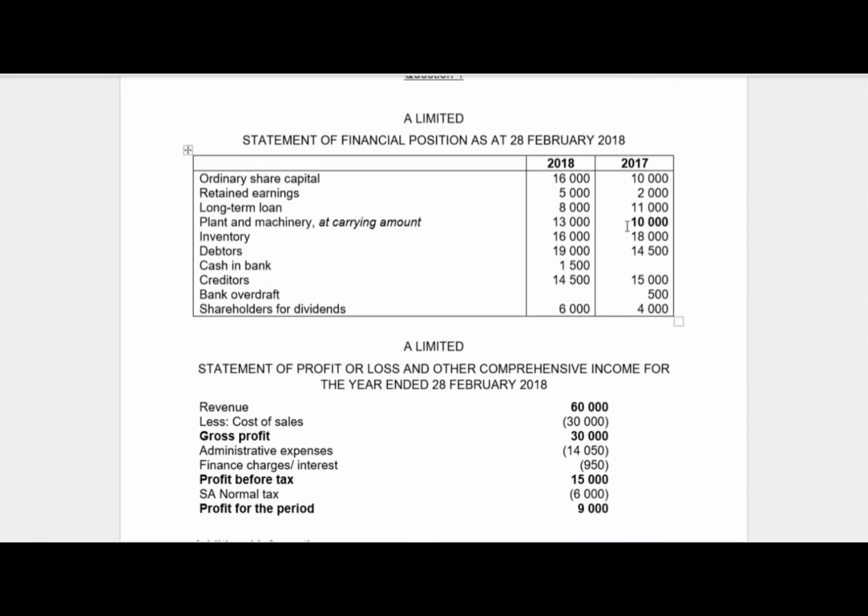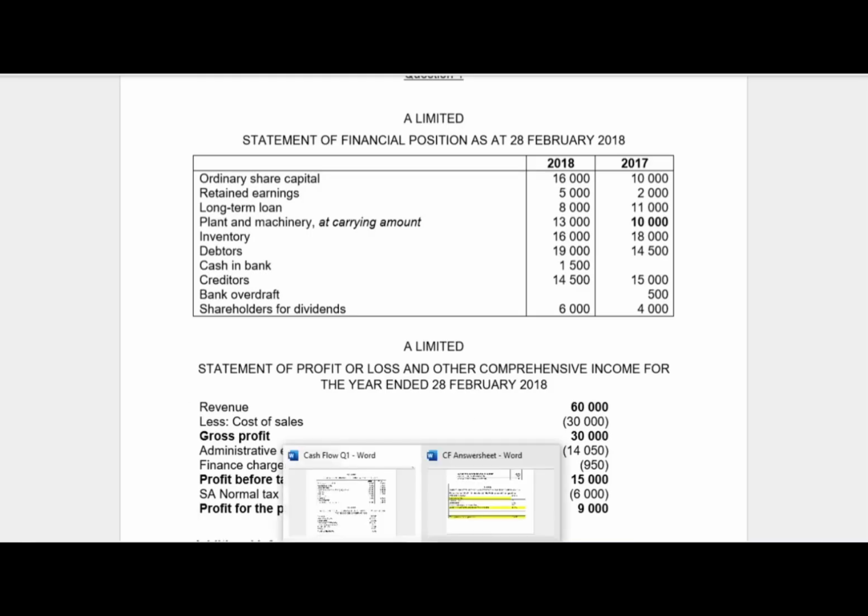So when you check right there, there is a decrease in our inventory, from 18,000 to 16,000. A decrease in inventory is an inflow, because it means we sold more inventory, and the difference we received more money, right?